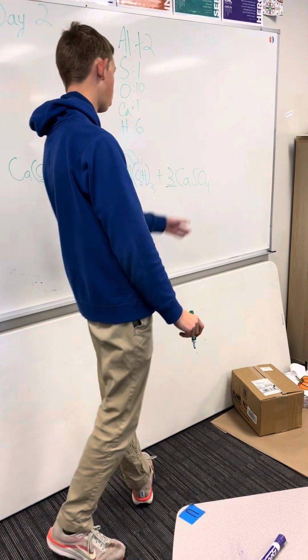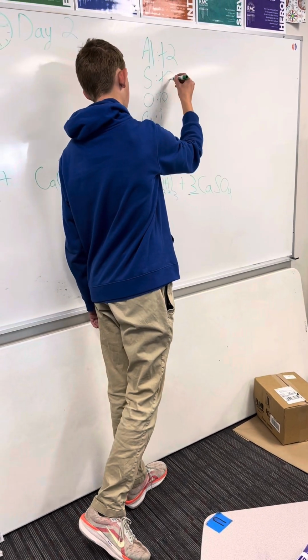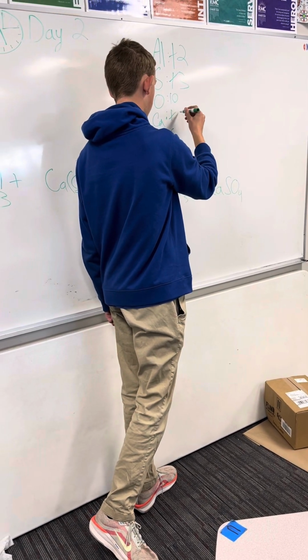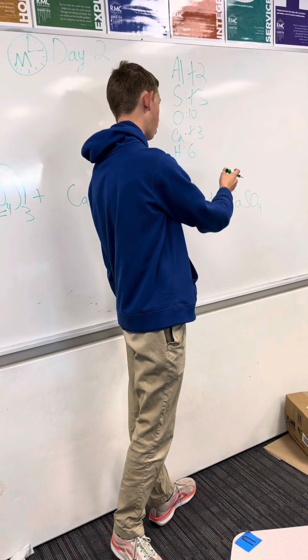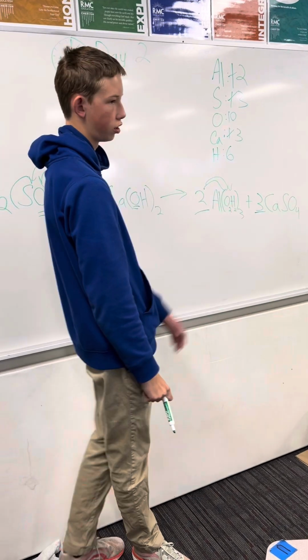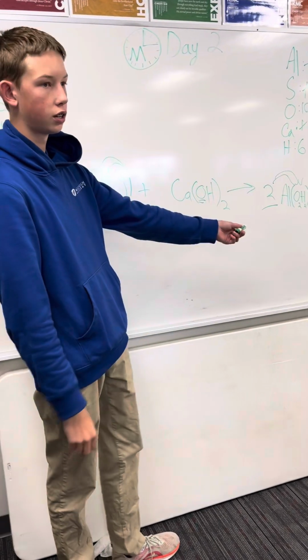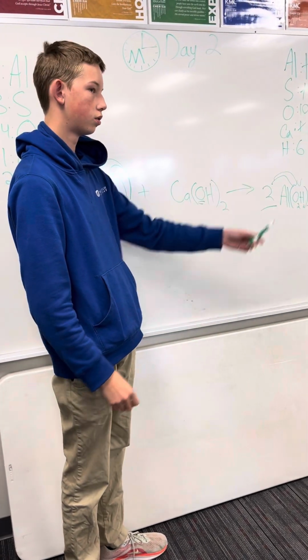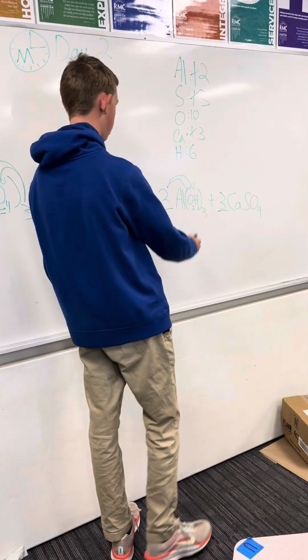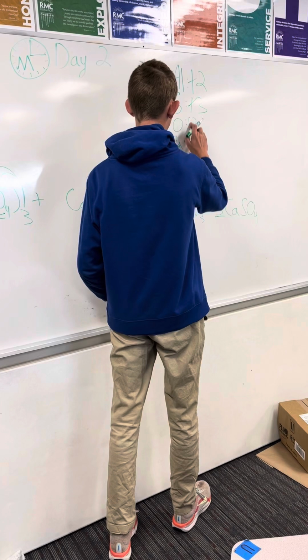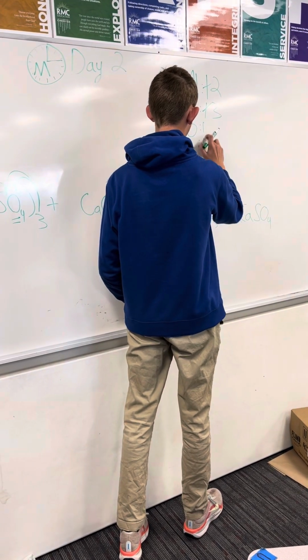So now we have 3 sulfur and 3 calcium. But we also have 12 more oxygen, because the 3 goes to the 4 also. So you have 12 plus 6, which is 18 oxygen on this side.